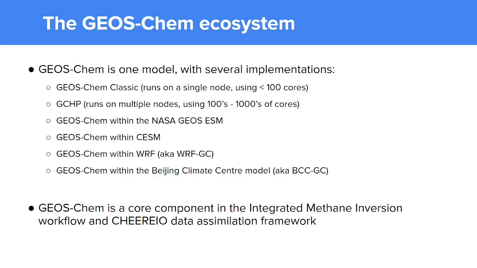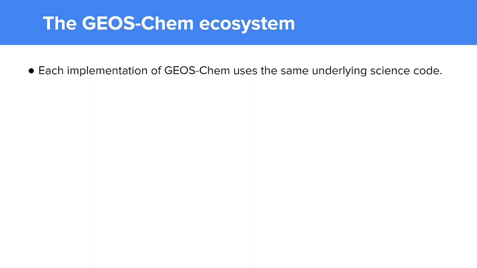So there are many ways that you can use GEOS-Chem. The most important takeaway is that whichever GEOS-Chem implementation you use, it all uses the same underlying science code. This ensures that state-of-the-science updates developed by GEOS-Chem users can flow seamlessly into Earth system models, inversion frameworks, and data assimilation systems.